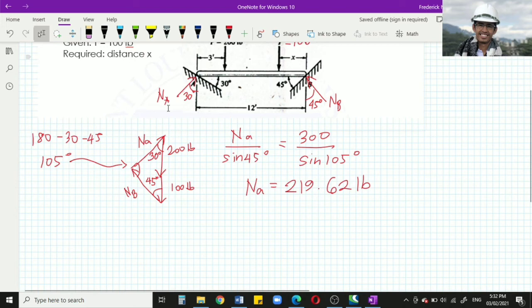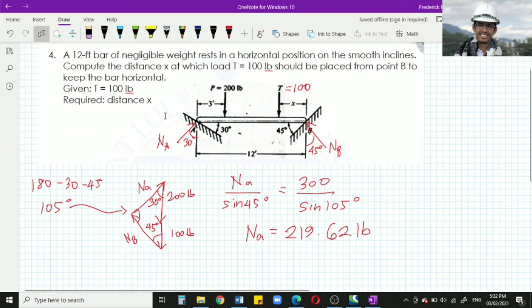So, meron na tayong value ng NA. Okay. So, para makuha naman natin yung X, so, to get the value of X, pwede tayong mag-moment summation at point B. Okay? Para hindi na natin kunin yung value ng NB. So, dito na tayo mag-moment. Okay?